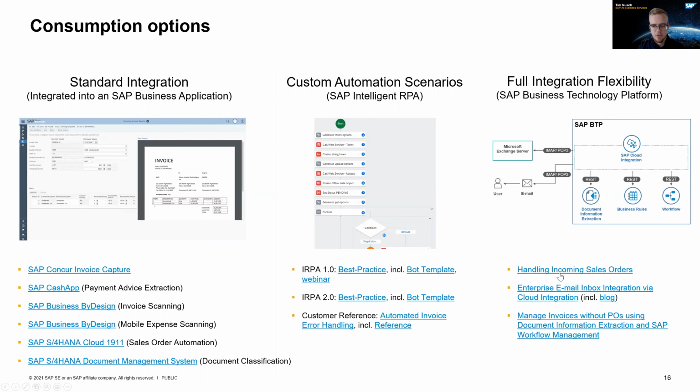And what we have put here are some blog posts which we have written on the SAP community pages, which basically are using the integration via the business technology platform.